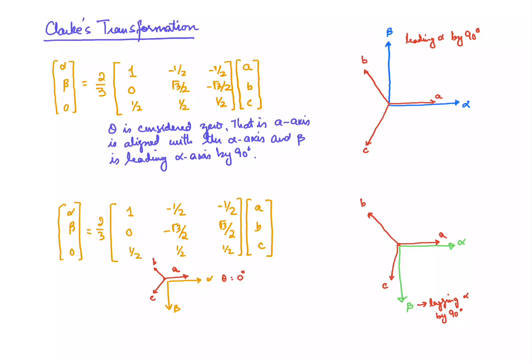You will observe that only these two quantities change their sign: it is positive over here and negative over here, but in this case it is negative and positive. The rest of the transformation matrix is the same. So based upon the orientation, the transformation matrix may be different and you should be able to derive it, and for that derivation you can refer back to the previous videos.